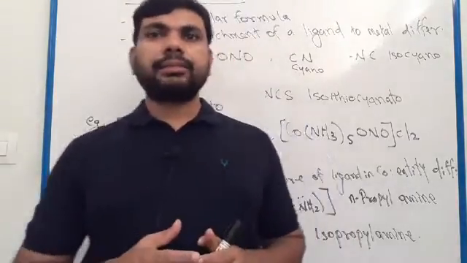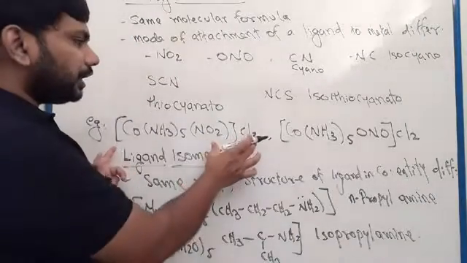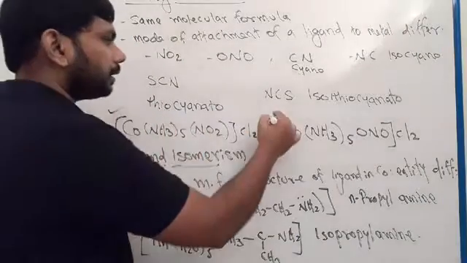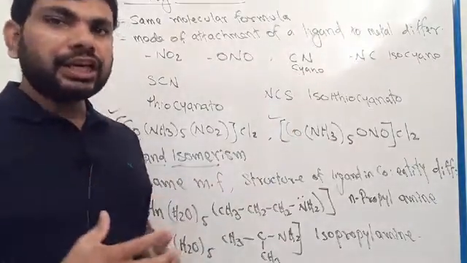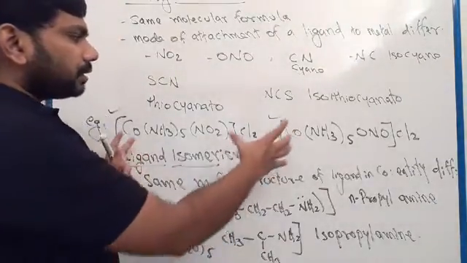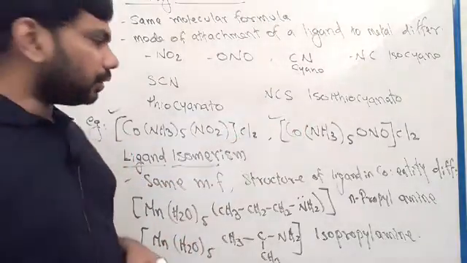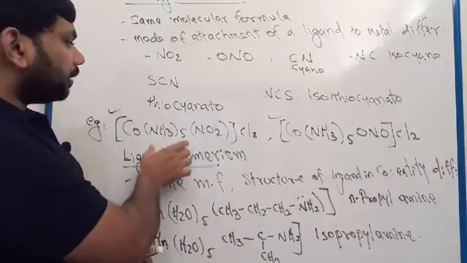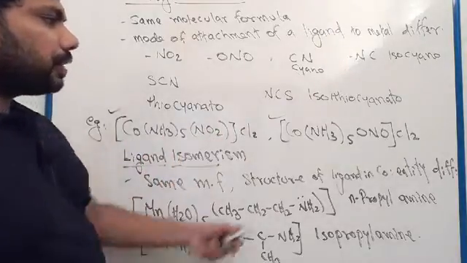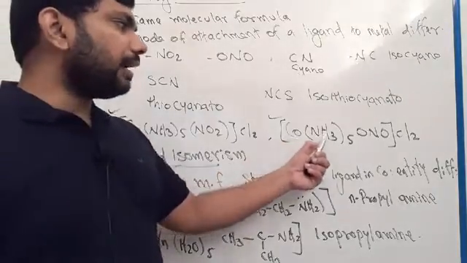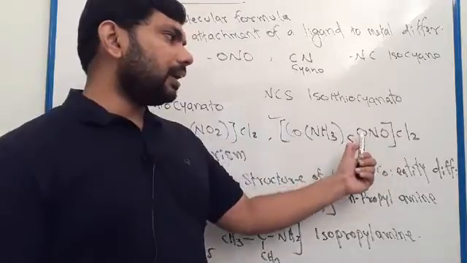Next, we discuss linkage isomerism. See here, this pair of coordination compounds are examples for linkage isomerism. This pair of compounds have the same molecular formula: cobalt, 5 NH3, Cl2 and NO2.